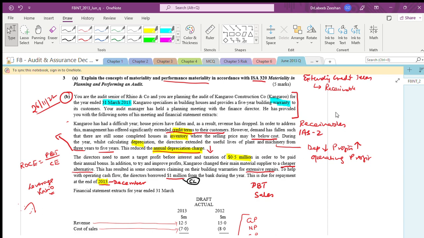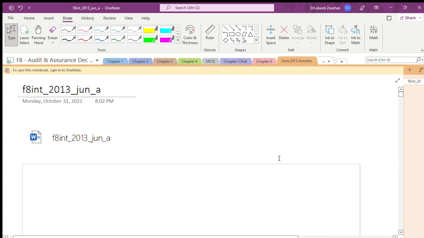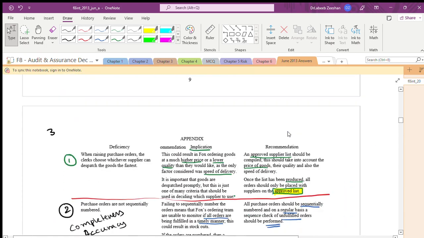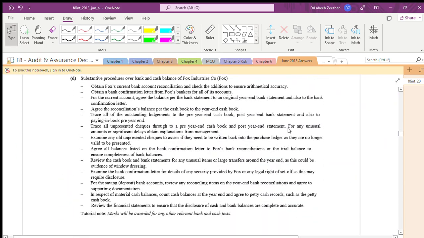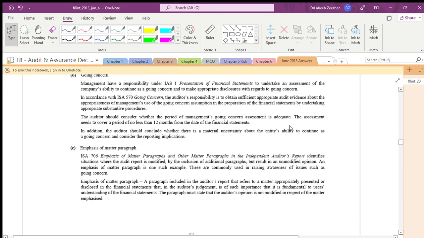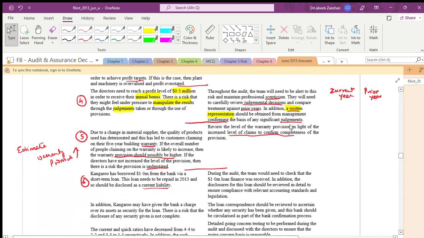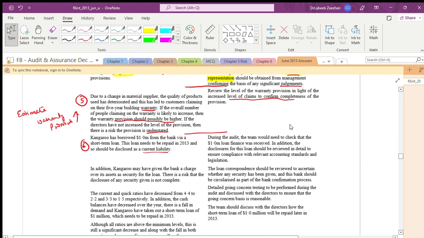Now, subsequently, what do we have to do? They say that Kangaroo has borrowed 1 million from the bank via a short-term loan that needs to be repaid in 2013. If it is going to be paid within the next 12 months, it is a current liability.